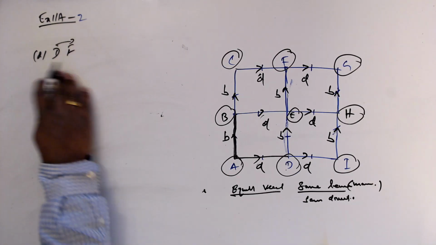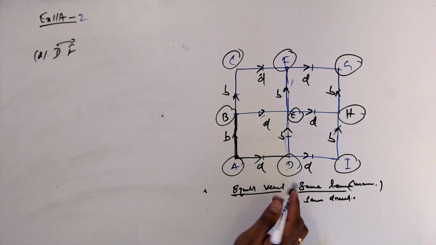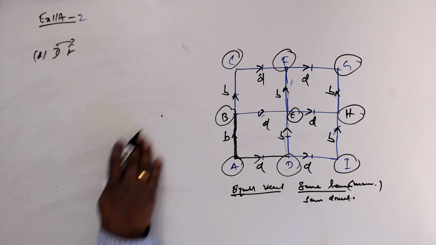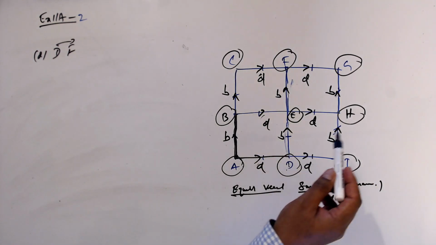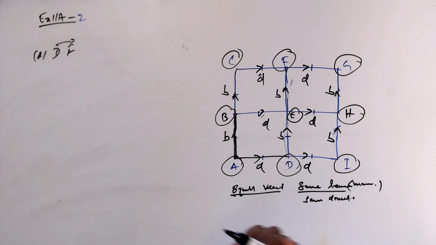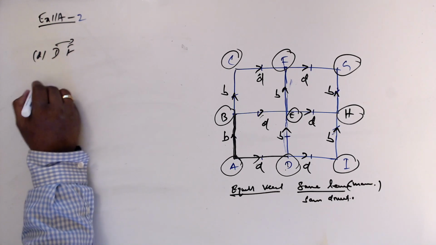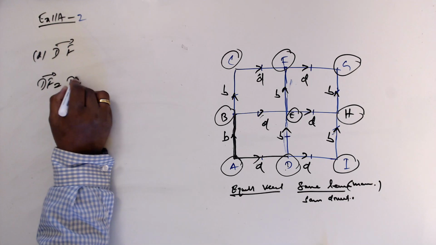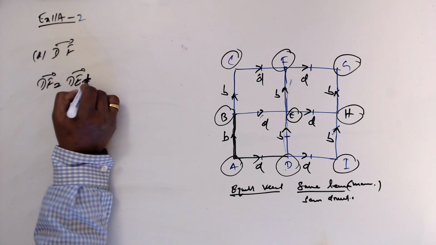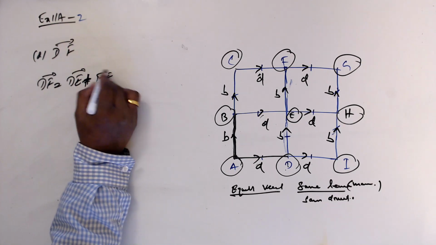Now DF. I circle this A, B, C, D because I can easily see that DF equals DE plus EF.